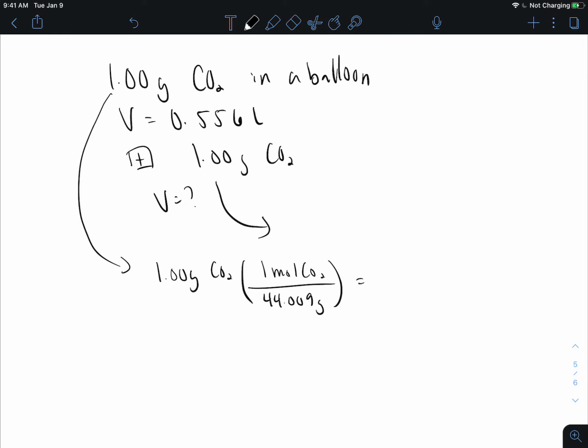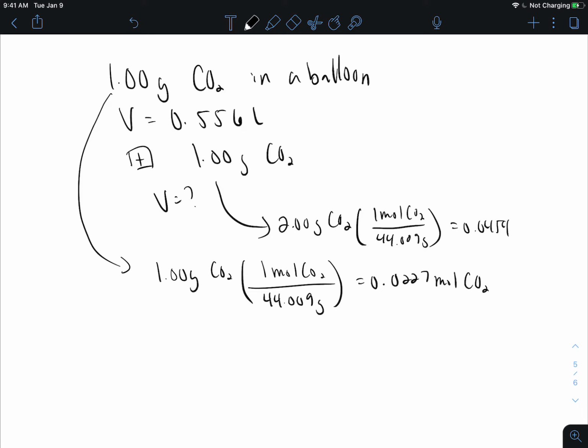We get 0.0227 moles of carbon dioxide. And then this is 2.00 grams of carbon dioxide, so we'll do the same thing, giving us 0.0454 moles of carbon dioxide.